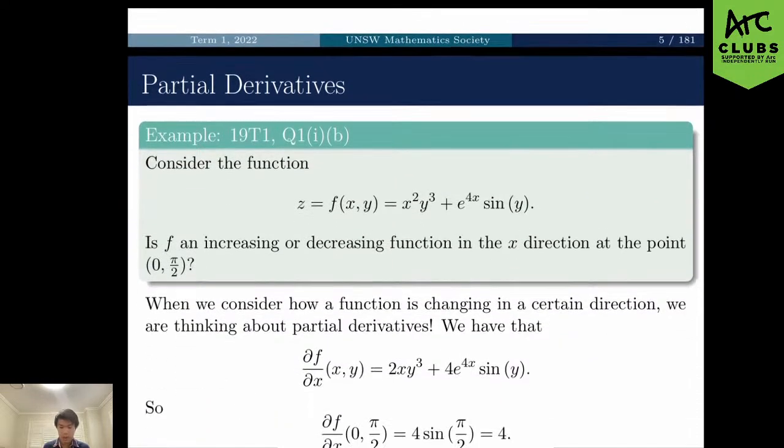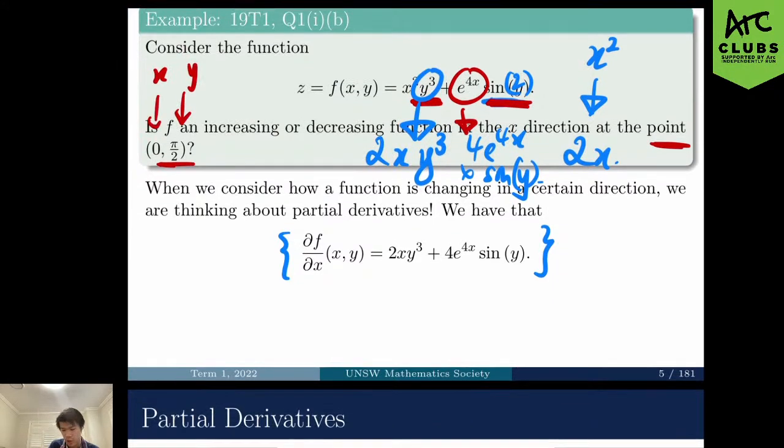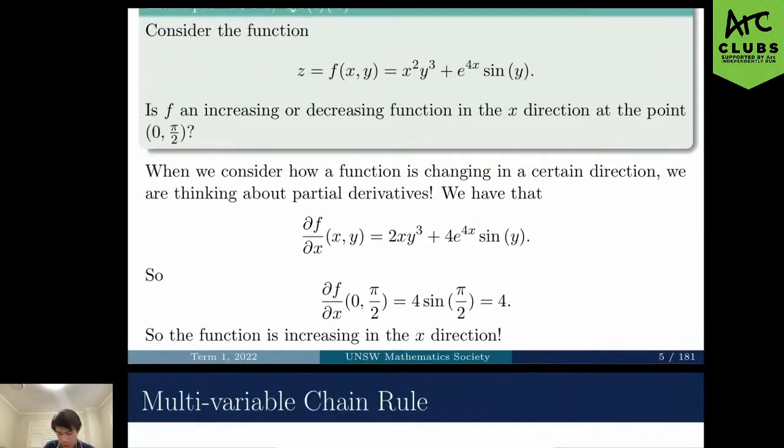The next thing is it's asking us if it's increasing or decreasing at a certain point. That means we need to sub in these specific values of x and y. We've got this nice formula, just chuck in the values. We get 2 times 0 times (pi on 2) cubed. It doesn't really matter, this is all 0.